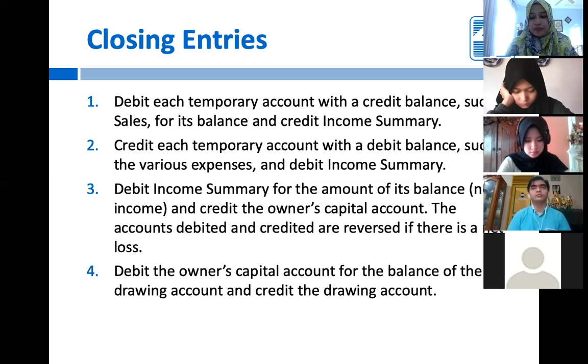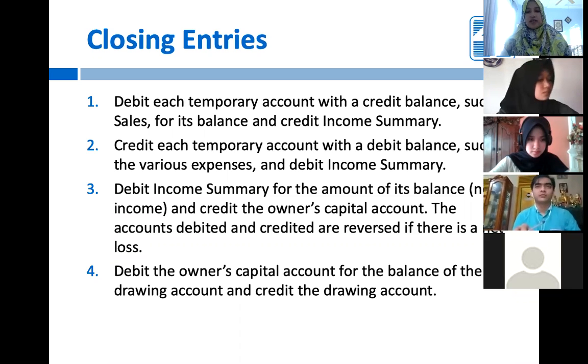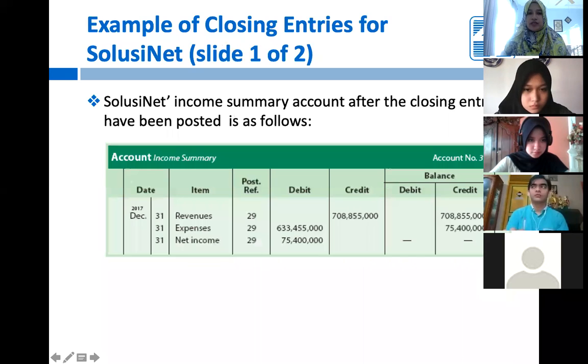After we debit and credit all temporary accounts, then we debit income summary and credit the owner's capital account. If it is a net loss, it is the opposite, so the accounts debited and credited are reversed. Then we debit the owner's capital account for the balance of the drawing account and credit the drawing account.